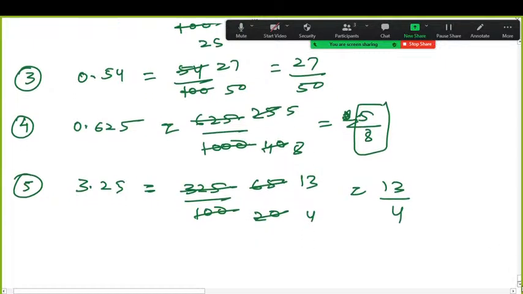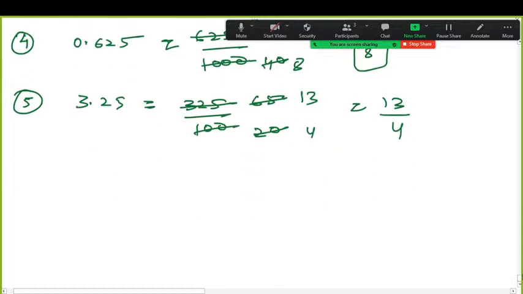They all are decimal to fraction conversions of which kind of decimal? Terminating. Yes. Can we find out the fraction for a non-terminating decimal as well? Do you think so?